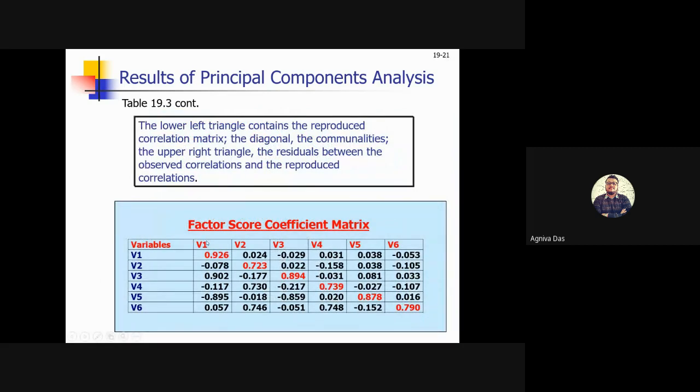I think there was factor 1, factor 2, something like that. These are the variables V1, V2, V3, V4. I think there has to be F1, F2, F3, F4, something like that. Okay, nothing to worry about.